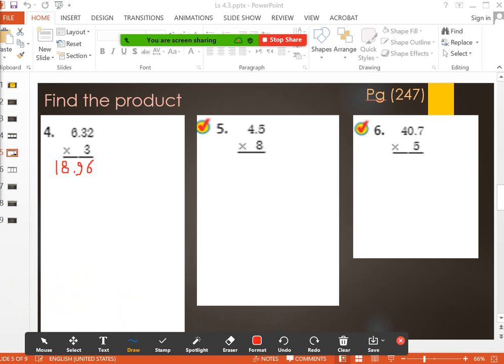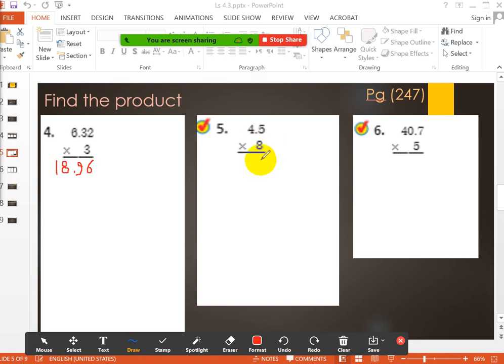Yes, dear. Now I want you to help me to multiply 4.5 tenths with 8. First thing, I will multiply the numbers like there is no decimal point. 8 multiply 5 equals what? 40. Very good.